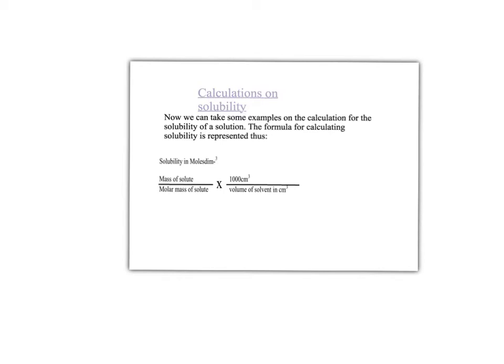The formula for calculating solubility is represented as the mass of the solute over the molar mass of the solute, times 1000 cm³, all over the volume of the given solvent.